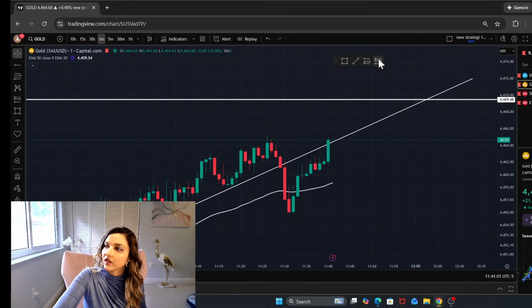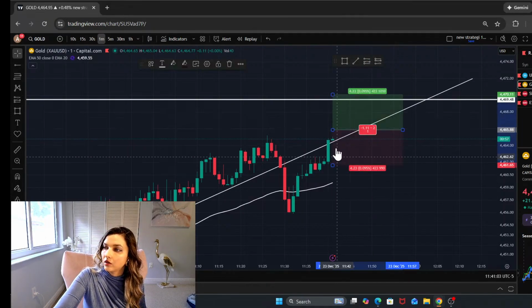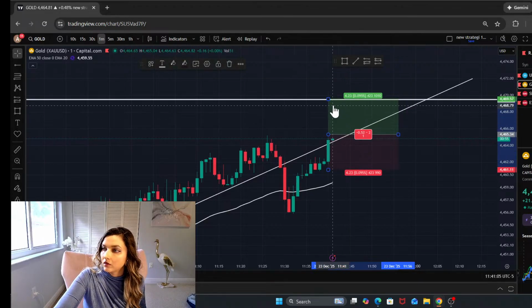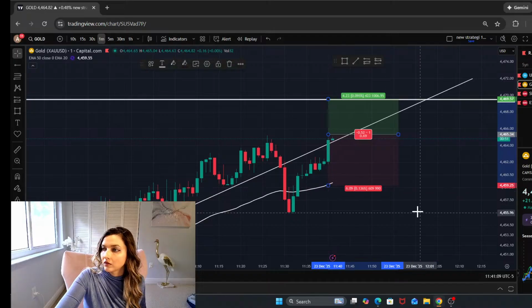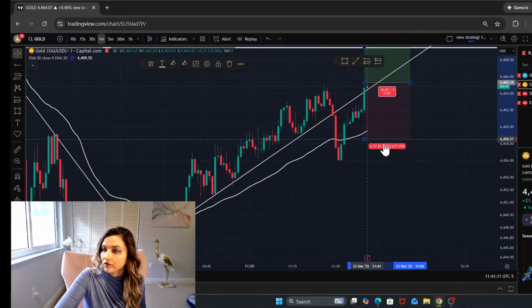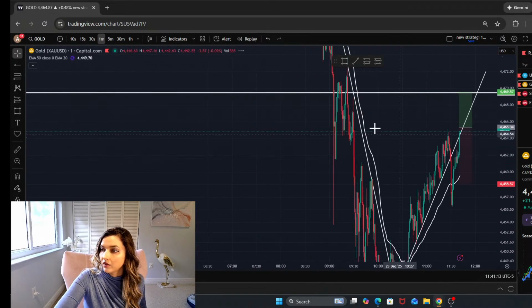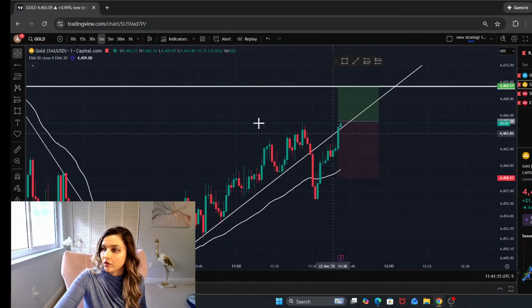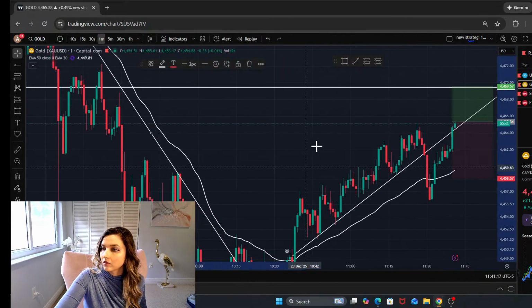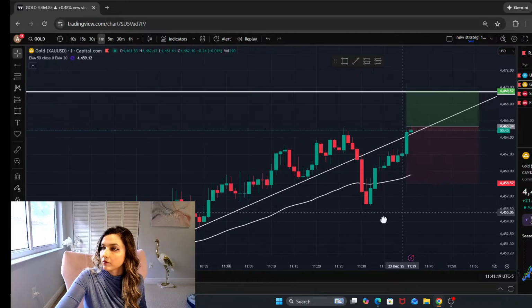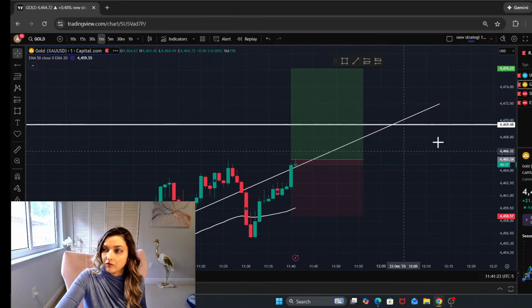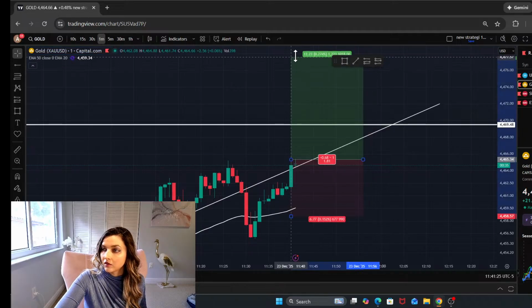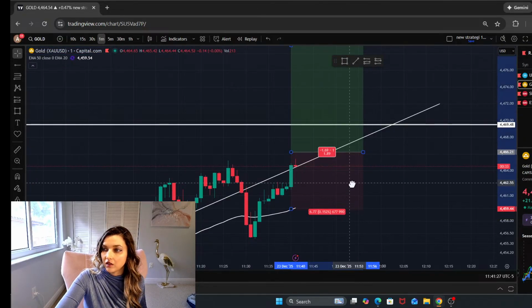Yeah, if it breaks back the trend line, just go up. It looks like the EMA is acting as a support. But not yet, it didn't break it back. Let's see. Not yet, not yet.